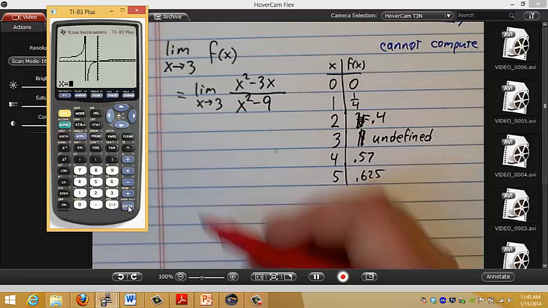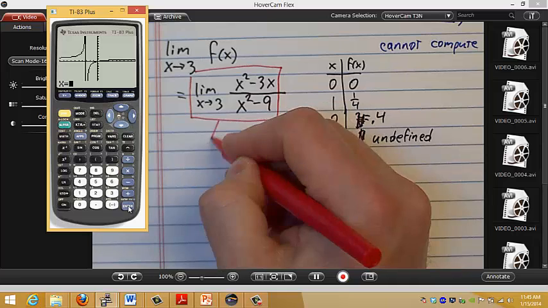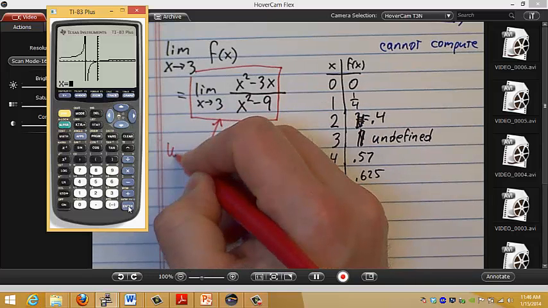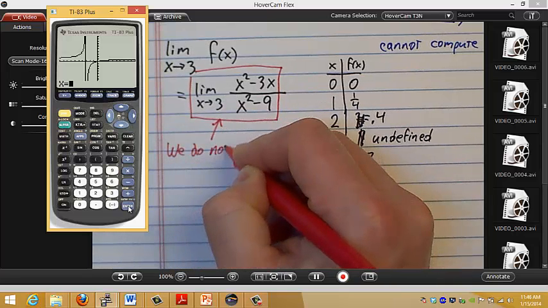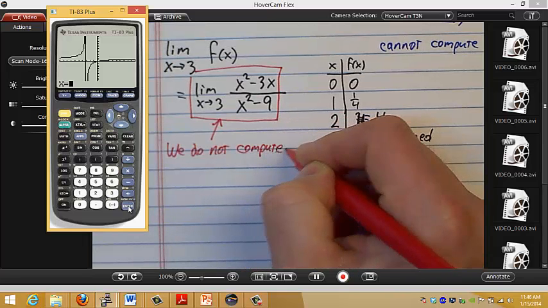When we compute the limit as x approaches 3, I want you to understand, we do not compute f of 3.